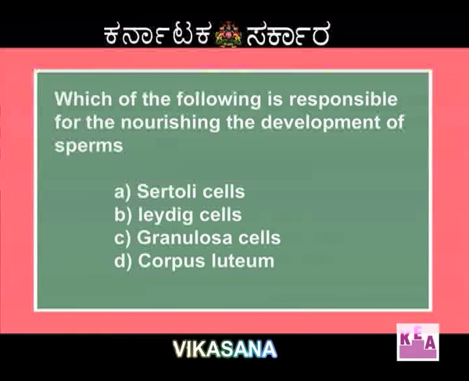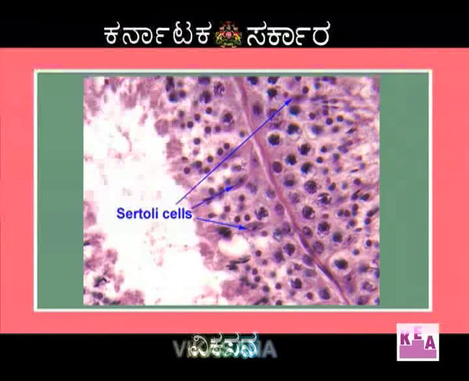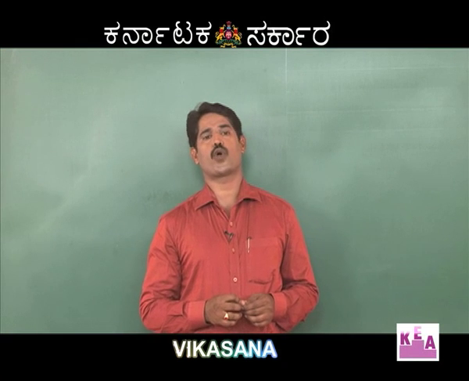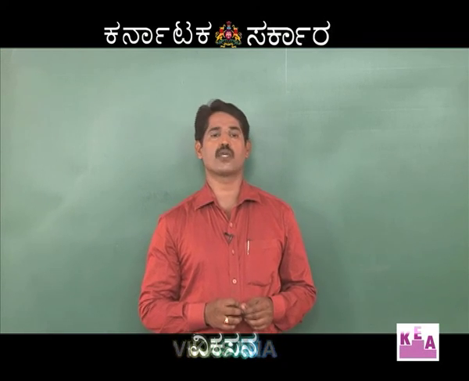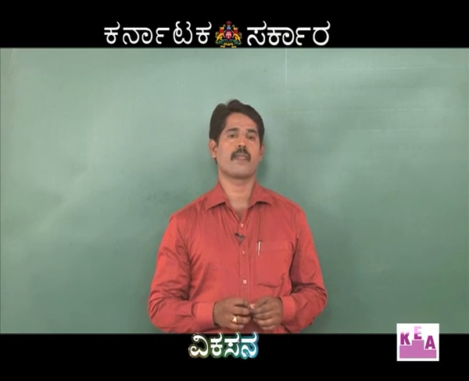So, dear students, if you look into the first option, that is the Sertoli cells. Inside the seminiferous tubule, you can find two types of cells: one is called a germ cell and another is called Sertoli cells.